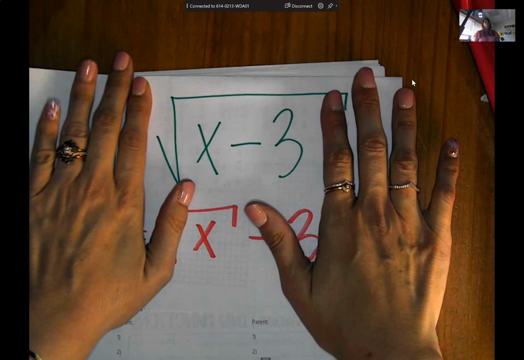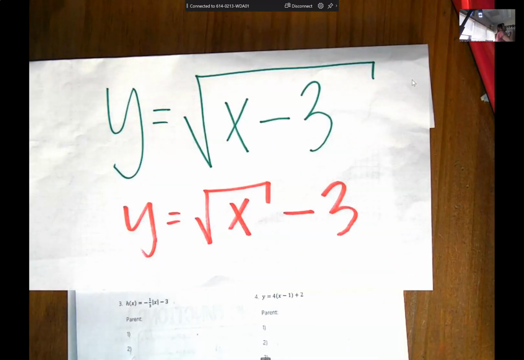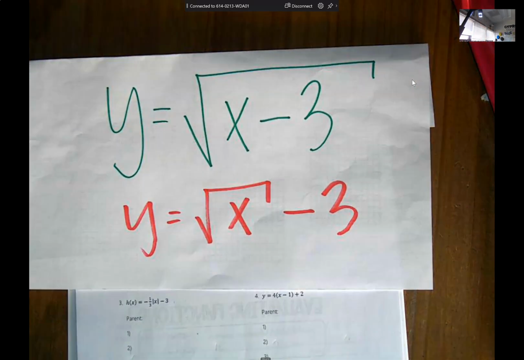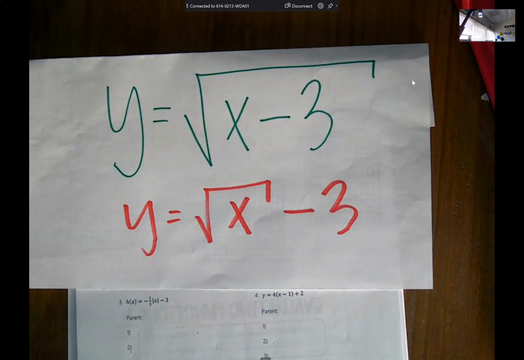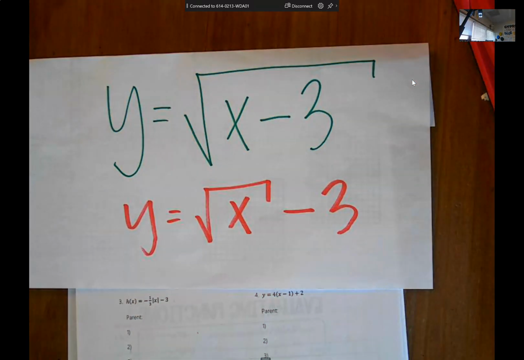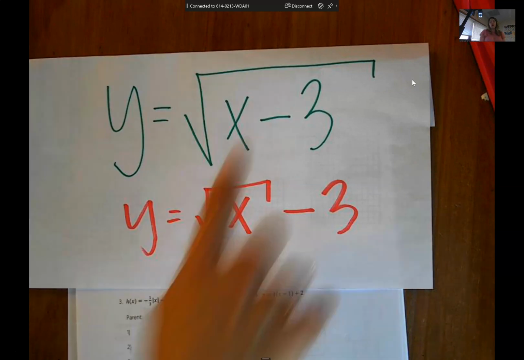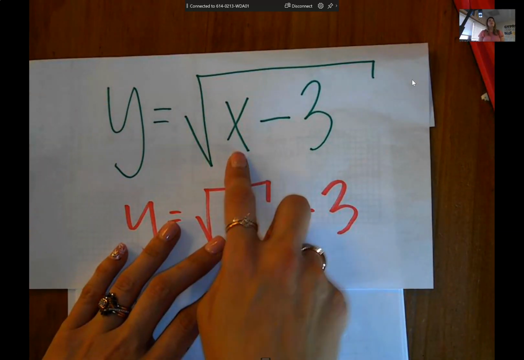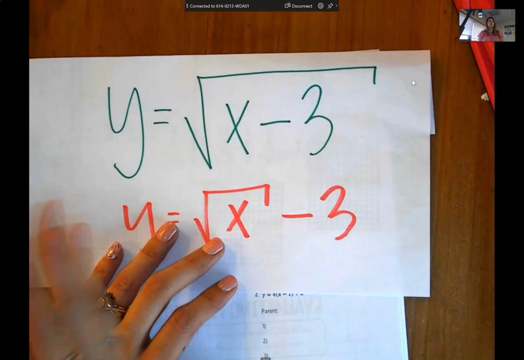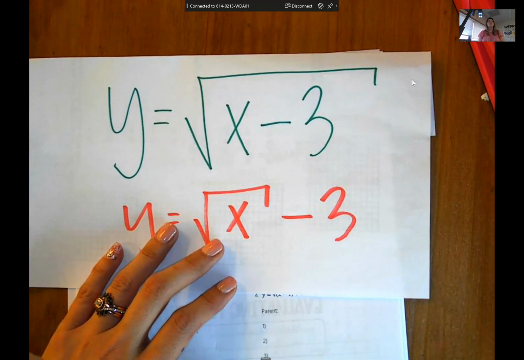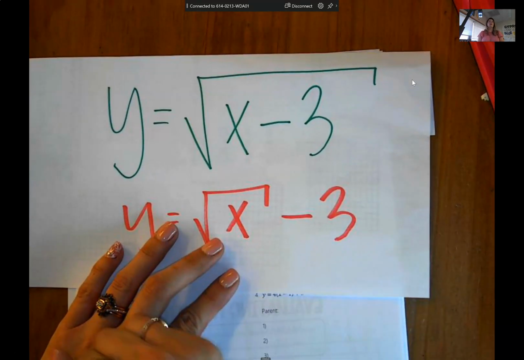Okay, when you hear me say it's trapped with the X, I want you to look at these two square root functions, and decide which one in your mind looks like it's trapped in with the X. Is it the top or the bottom? The top. So when I say trapped with the X, I literally mean whatever symbols you have, it's in the symbols with the X.